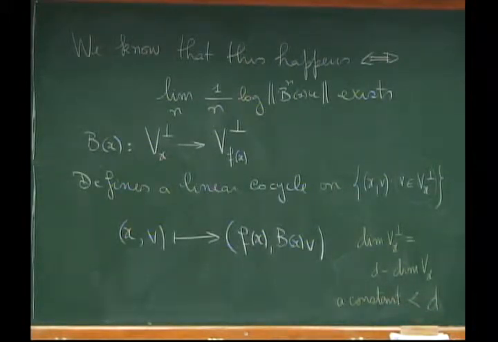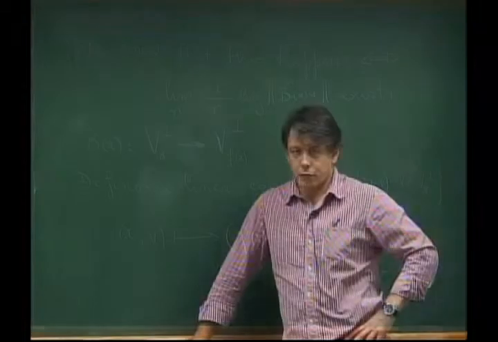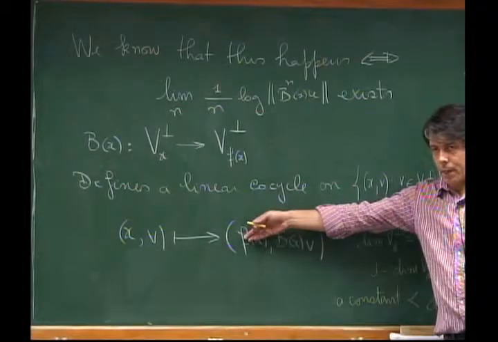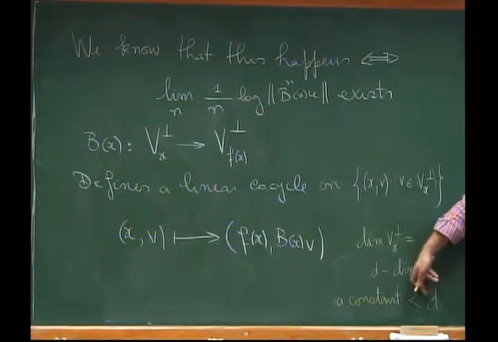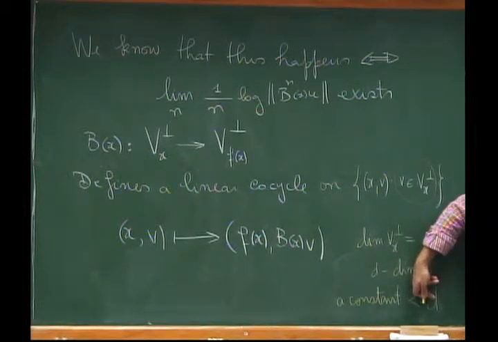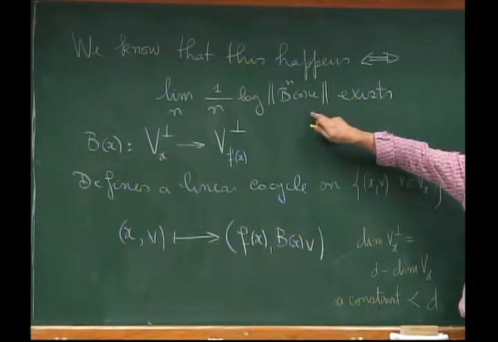So the way I would like to finish the proof would be by saying we have a cocycle defined on a subspace whose dimension is strictly smaller than d. So by induction on the dimension of the vector space, I may assume that this limit exists.